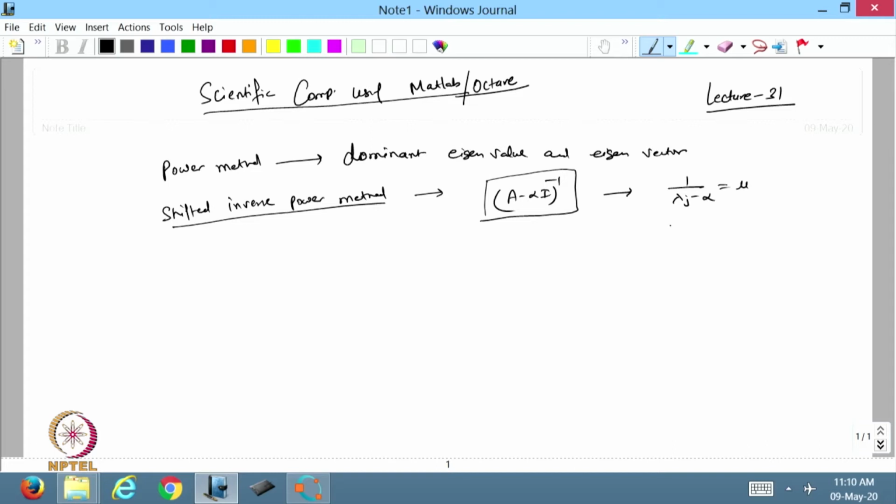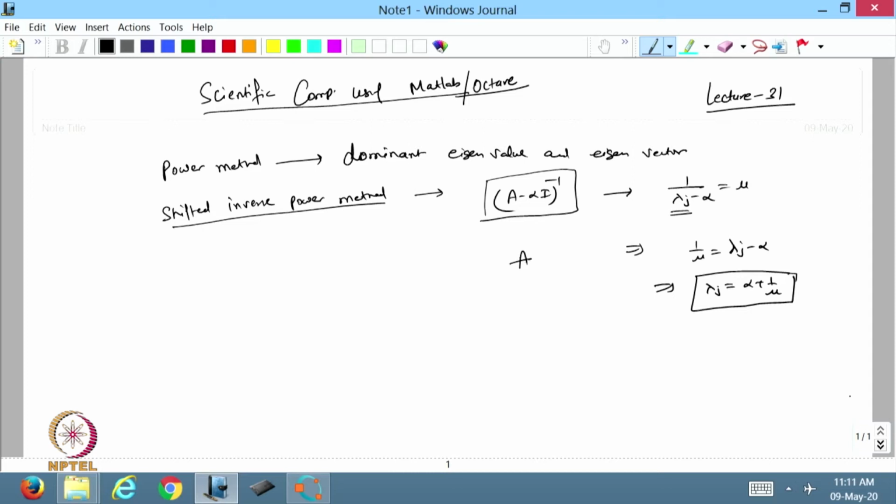Based on this I can find the value of lambda j. So, 1 over mu is equal to lambda j minus alpha, and from here lambda j is equal to alpha plus 1 over mu. This way we are able to find any eigenvalue of a matrix A.